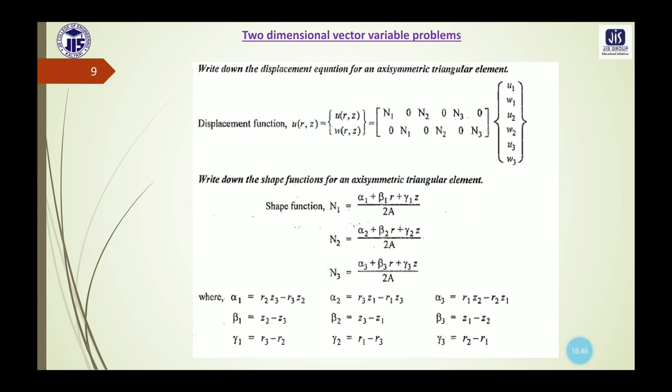So to apply the shape function formula in a numerical, that is N1, N2 and N3, we need to remember the formula of the shape functions as well as the parameters alpha 1, beta 1, gamma 1, and all these things. This type of complicated formulas are there in this chapter, so a lot of practice is required to remember such formulas.